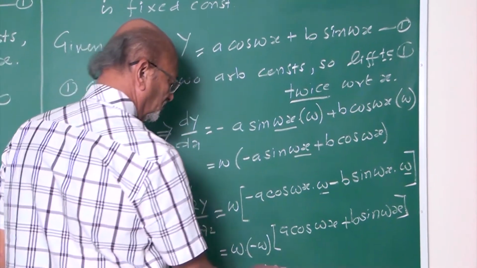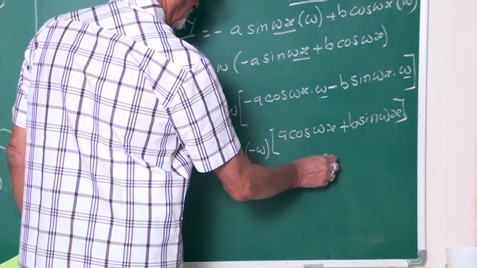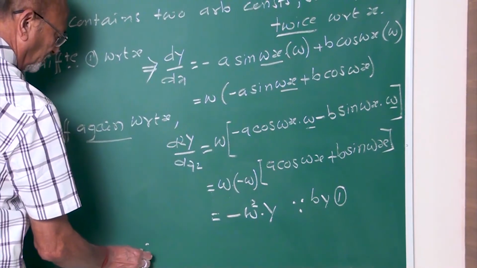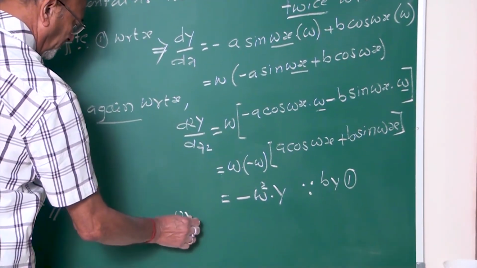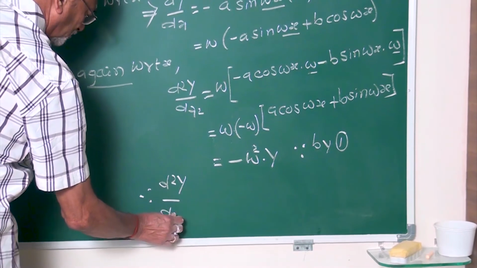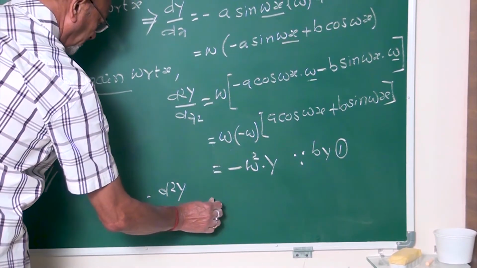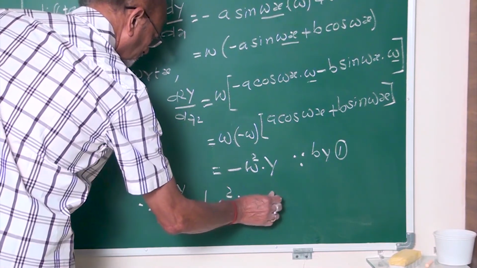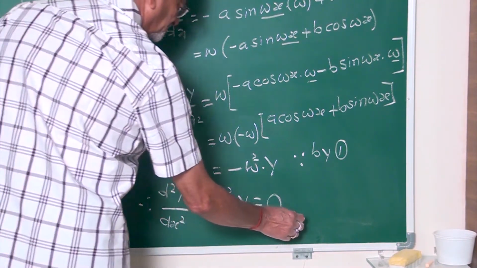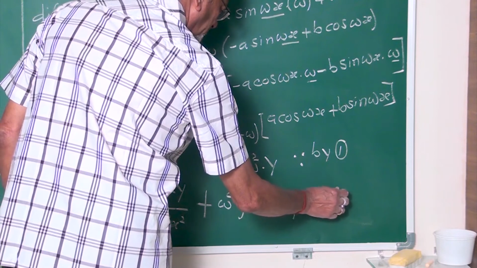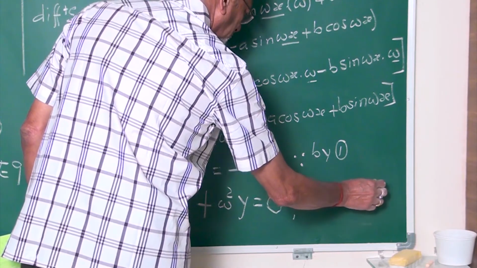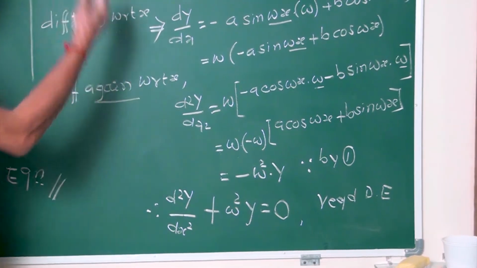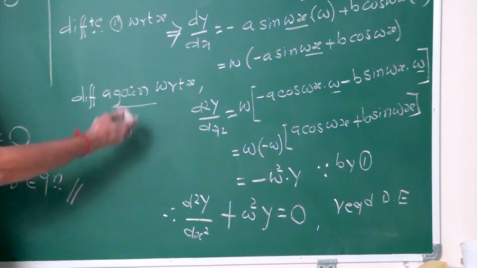Taking this side, therefore d2y/dx2 + omega square y = 0, which is the required differential equation. It is also a good example under 2-mark questions, my friends.